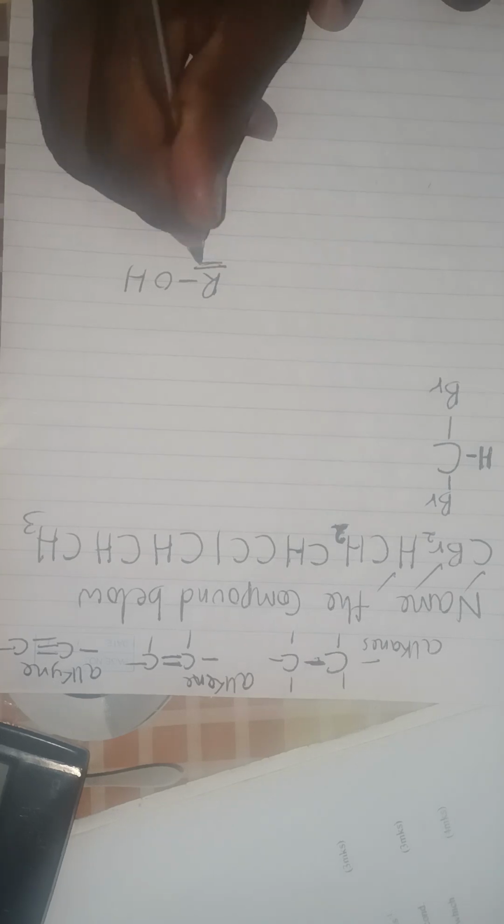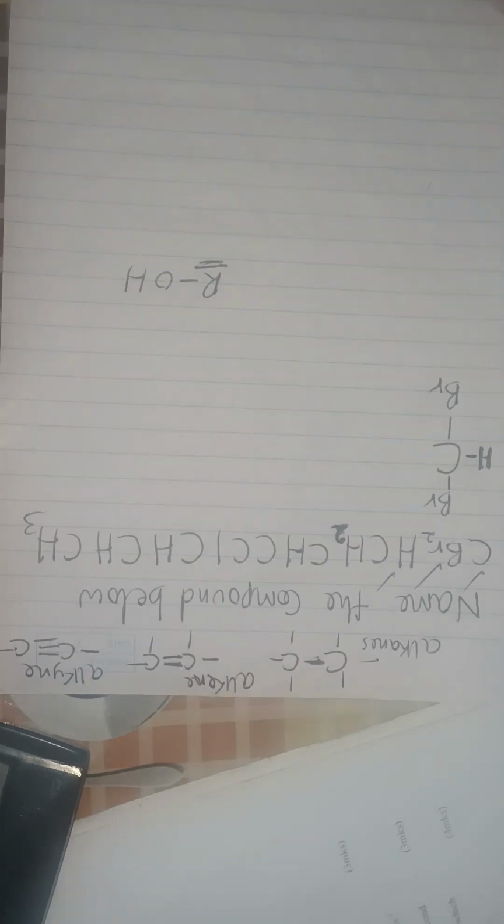Organic chemistry also involves the discussion of alkanols with a general formula R-OH. R stands for the alkyl group, the hydrocarbon part, the longest carbon-hydrogen part of that compound.